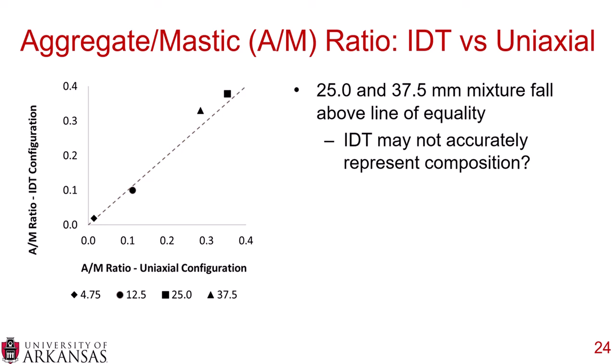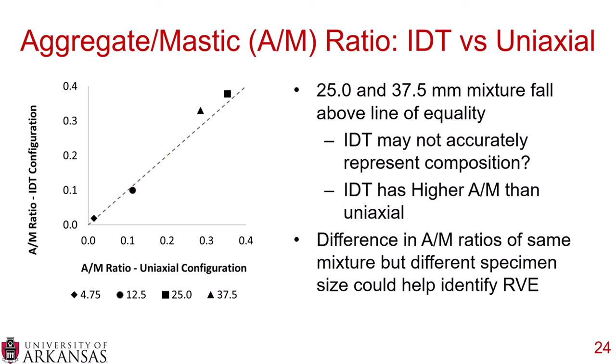And so some warning bells went off: perhaps the IDT configuration did not accurately represent the composition of the mixture? And we found that both of those two aggregate sizes actually had the higher A/M than the uniaxial configuration.